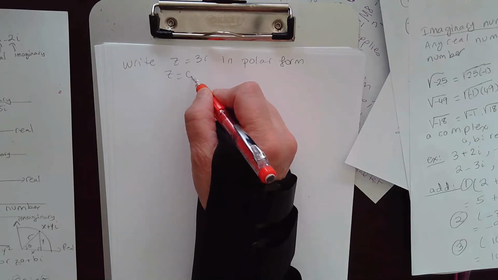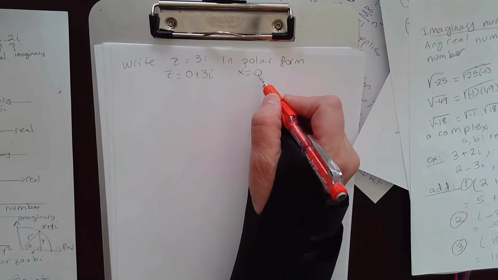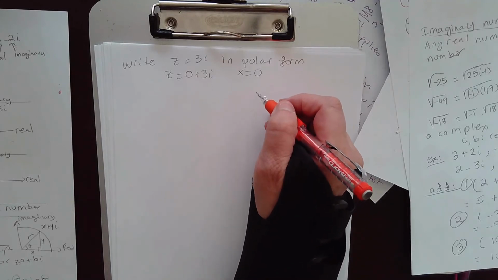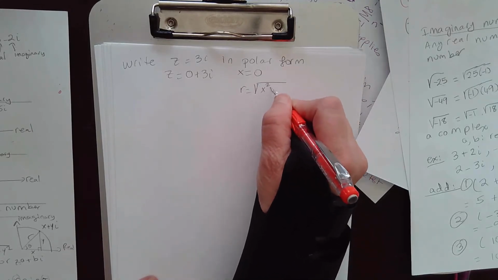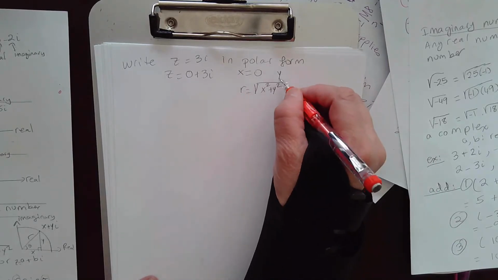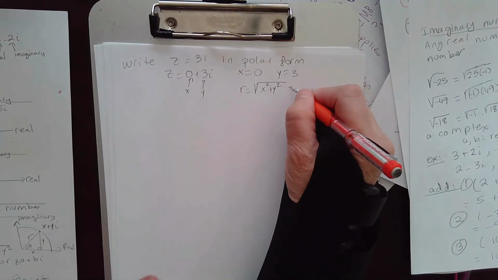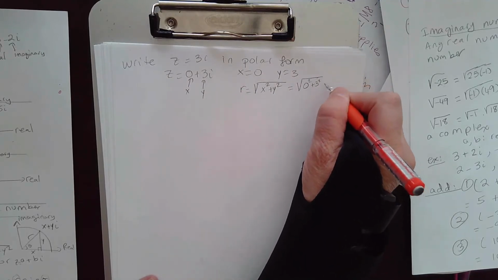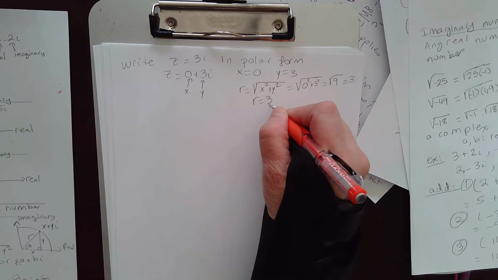So that's the same as 0 plus 3i. So x is equal to 0, right? And remember, we need r, don't we? Remember that r is the square root of x squared plus y squared. We know x equals 0 and y equals 3. So r is the square root of 0 squared plus 3 squared. That's the square root of 9, isn't it? Which is 3. So r is equal to 3.